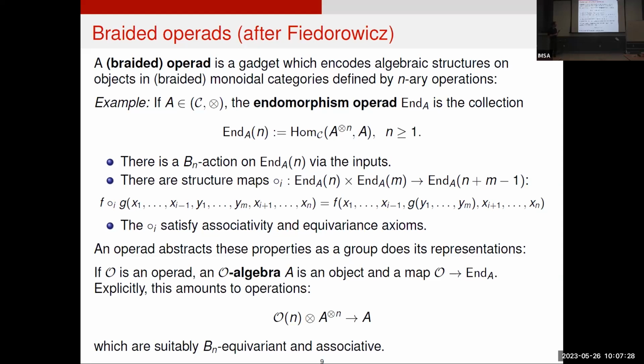If O is an operad and A is an object in my category, it's an O-algebra if it comes with a map from O to the endomorphism operad. Equivalently, that's simply saying that O(n) parameterizes n-ary operations on A with various actions.